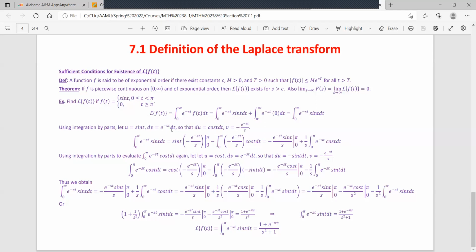Remember, you have to use substitution with some new variable w equals negative st, and proceed the integration by substitution. You're going to get v equals negative e to the negative st over s.